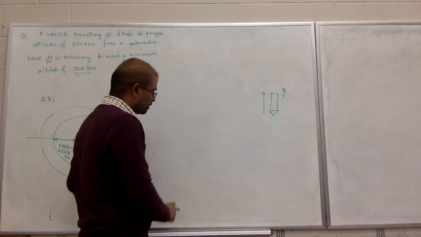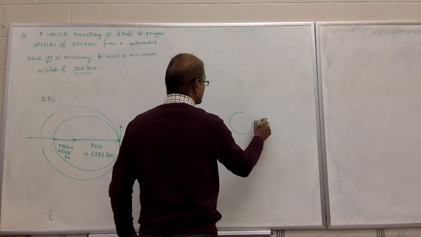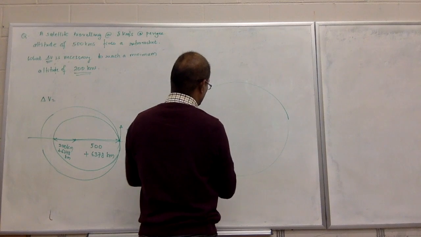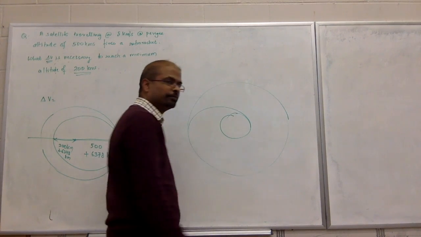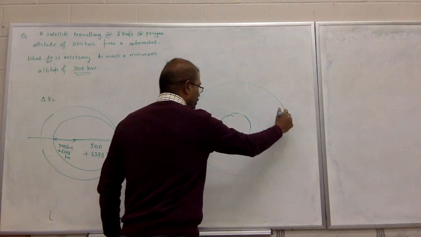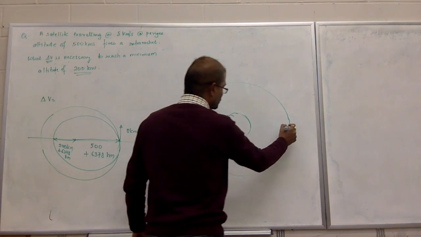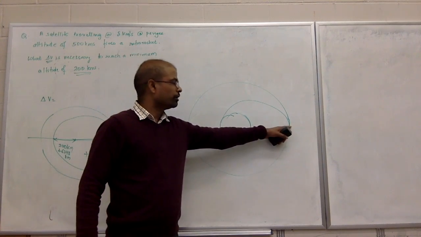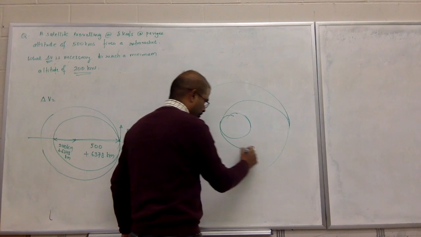See, I talked about going from this orbit to this orbit, right? How do you go? You go like this, right? You realize you can also go from this orbit to this orbit. What you do is, you fire your thrusters here, it will get into this elliptical orbit.